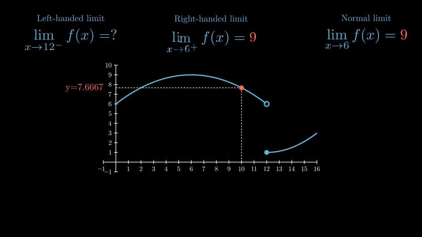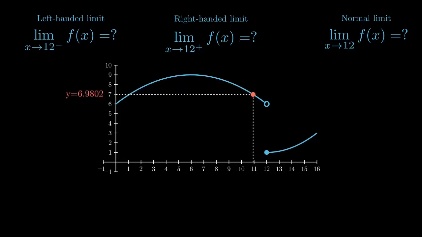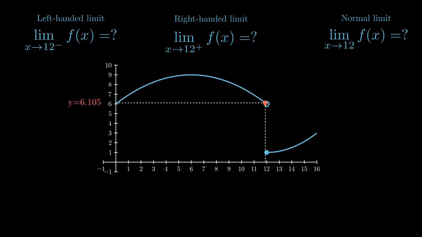Let's check what will be the values of these limits as x gets closer to 12. Let's check what happens as we move towards x equals 12 from the left side. Since y gets closer to 6 as we move from the left side of 12 along the x-axis, the left-hand limit of the function as x gets closer to 12 is 6.